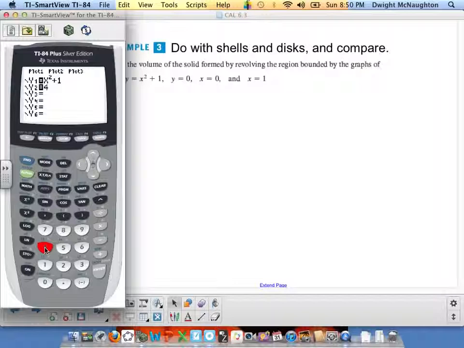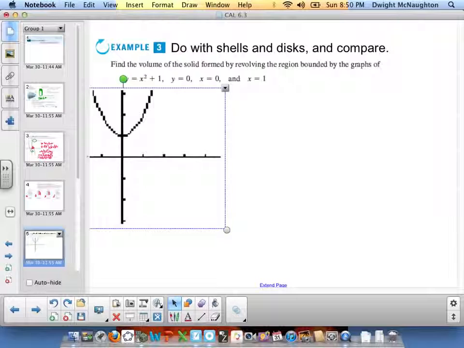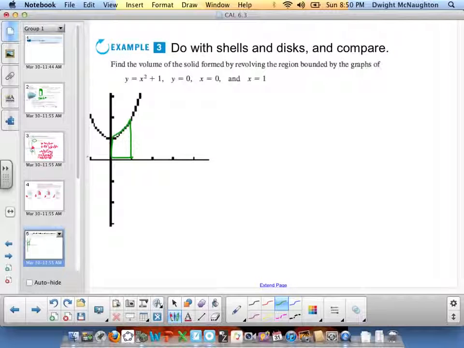Zoom decimal again. All right, so we're basically looking for this region right here. As we rotate around, it doesn't say, I'm going to say the x-axis.